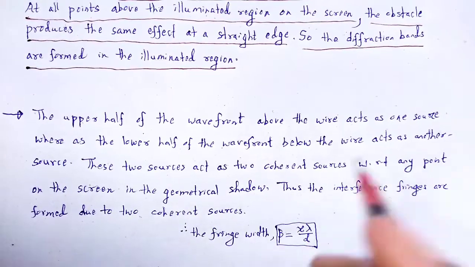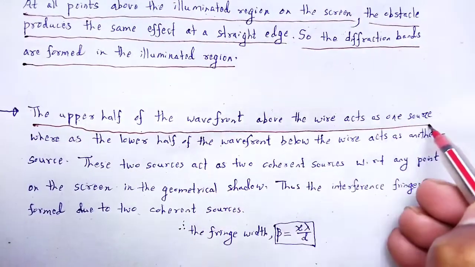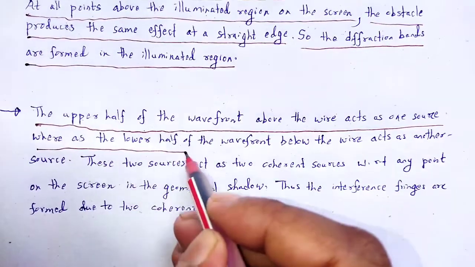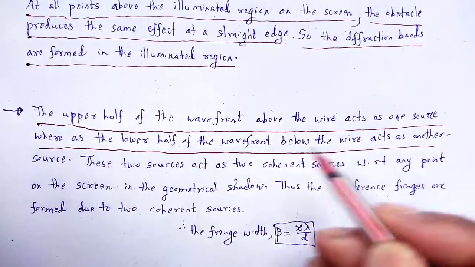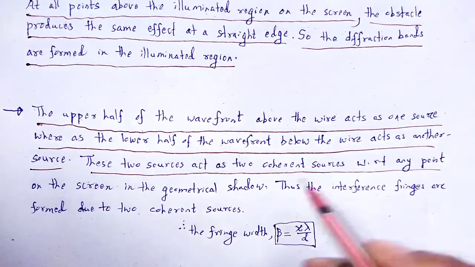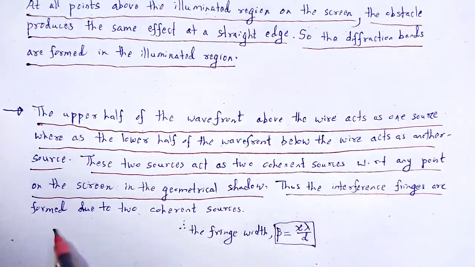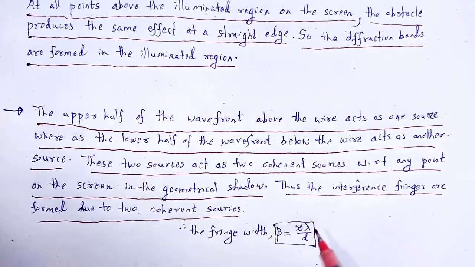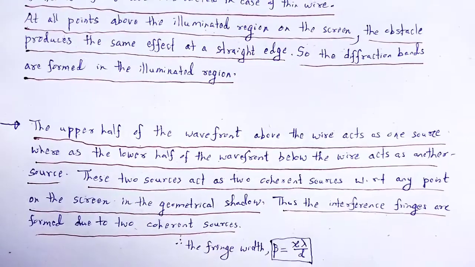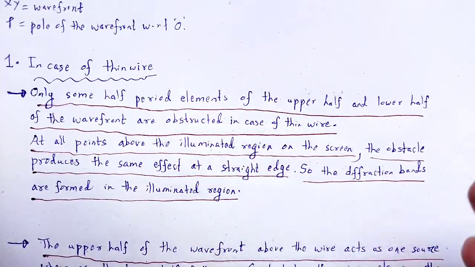As we wrote, the upper half of the wavefront above the wire acts as one source, whereas the lower half of the wavefront below the wire acts as another source, and these two act as two coherent sources with respect to the point on the screen in the geometrical shadow. Thus, the interference fringes are formed due to the two coherent sources. These two points are responsible in case of a thin wire.